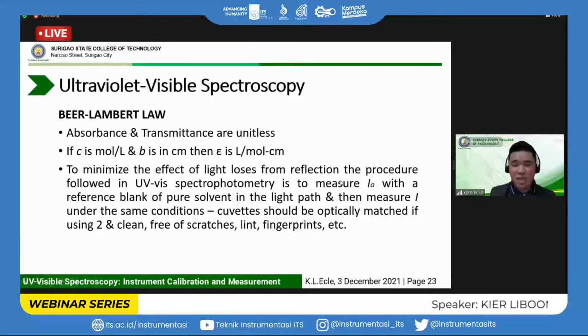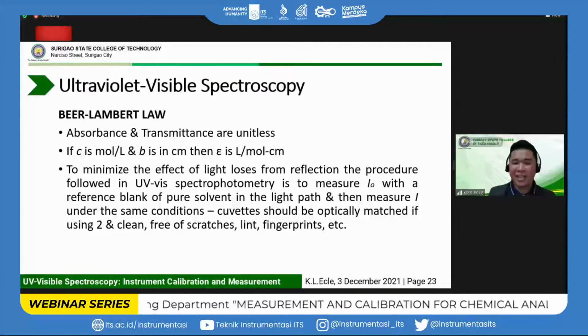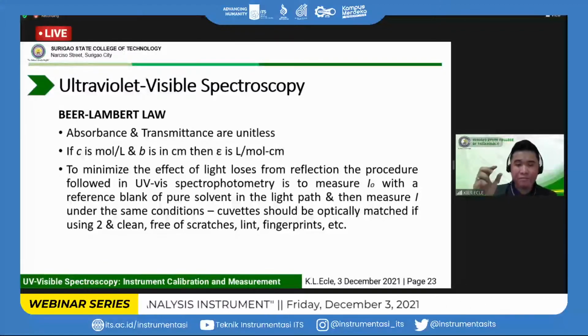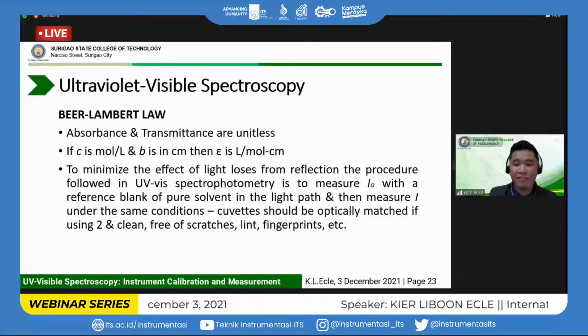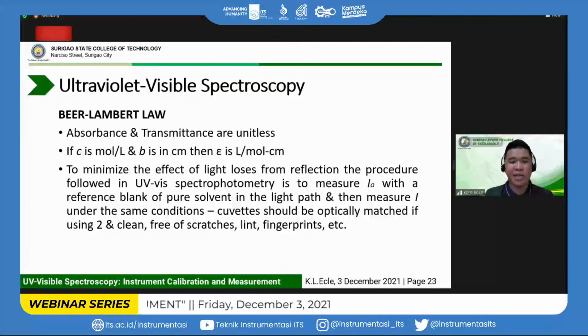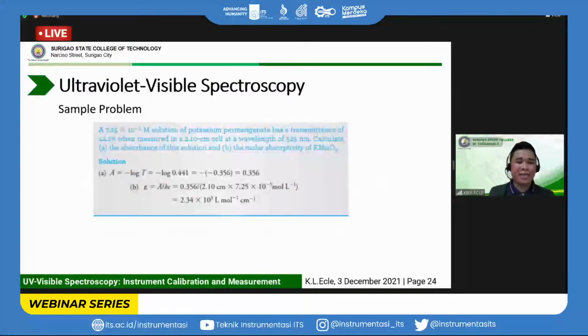In dealing with cuvettes, so that the instrument will not give you inaccurate data, you need to handle the cuvette by the rough surface only, not the shiny surface, because it could affect the data that the instrument will produce in the long run.